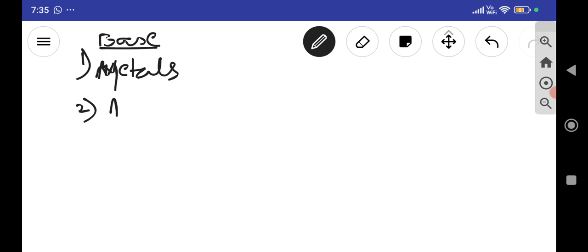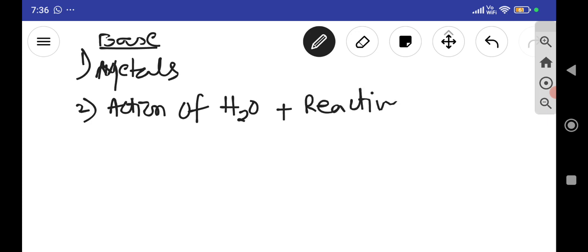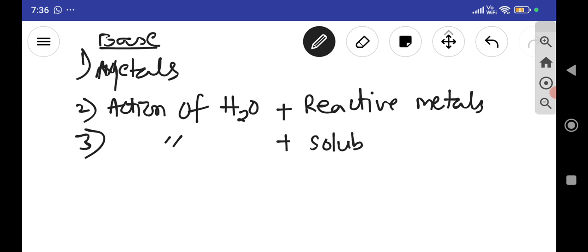The second one is action of water on reactive metals. And the third one is action of water on soluble metal oxides, so metal with oxygen.